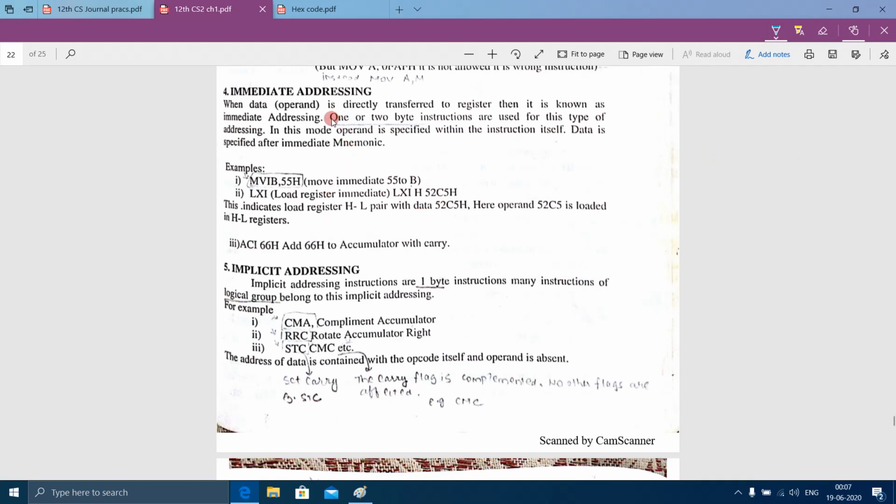Instead of 1, it should be 3. Make the correction here. 3 or 2 byte instructions are used for this type of addressing.